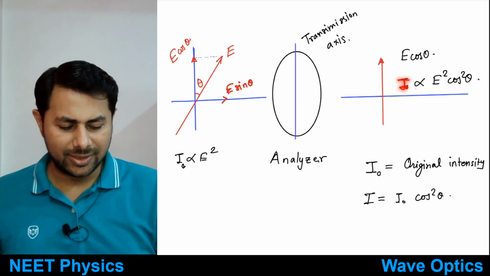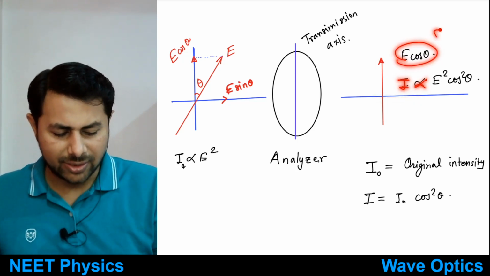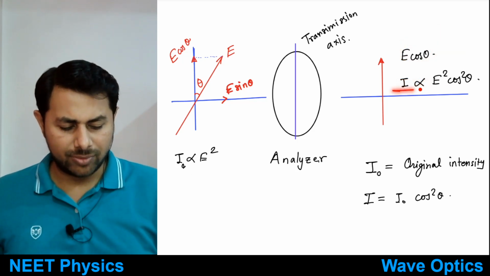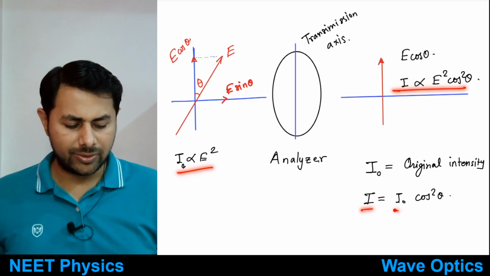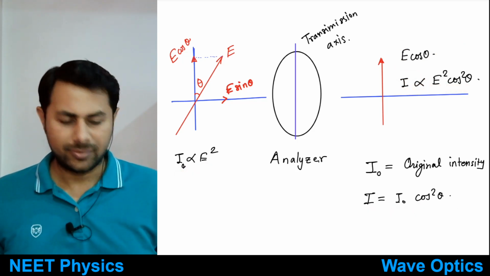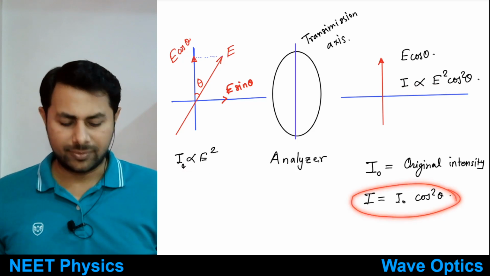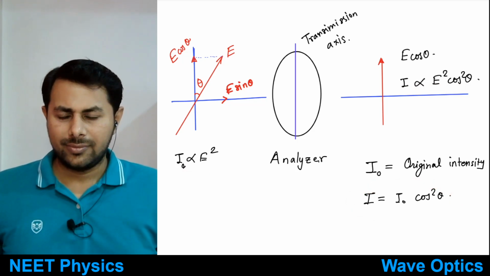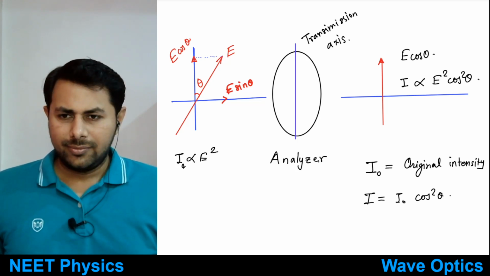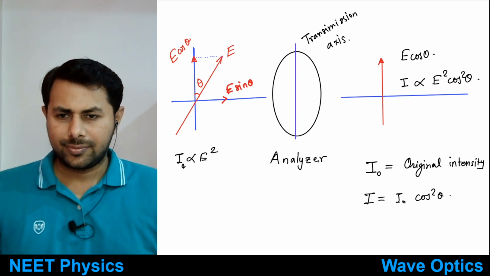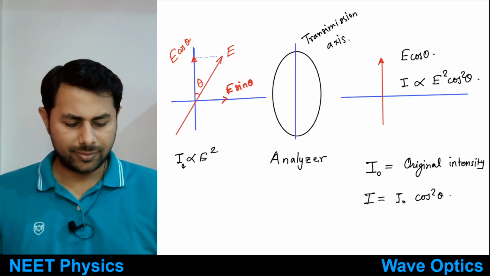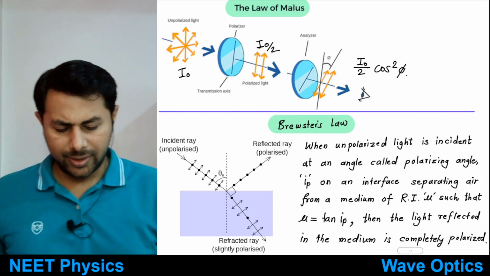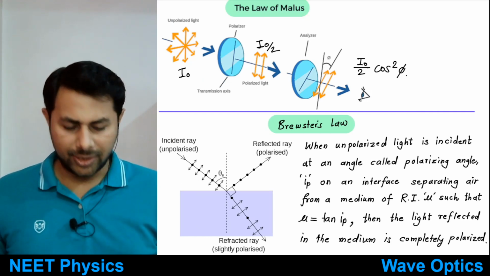Therefore I is proportional to E cos theta square, that is E square cos square theta. If you take the ratio, you get I equal to I naught cos square theta. Is this clear, everyone? Very good. So this is Malus law, easy to understand.